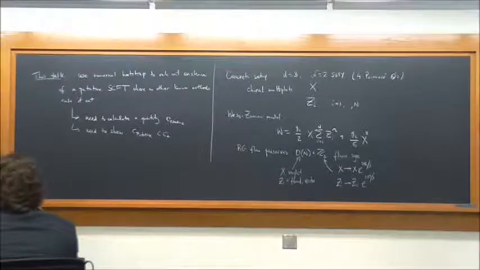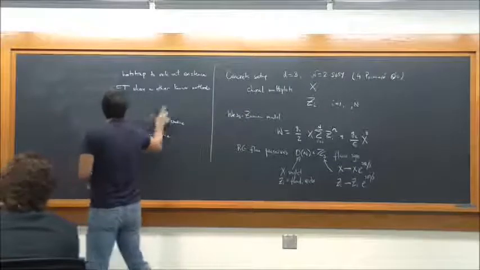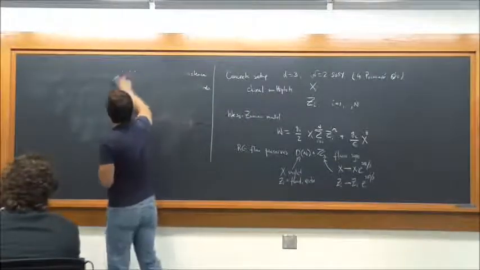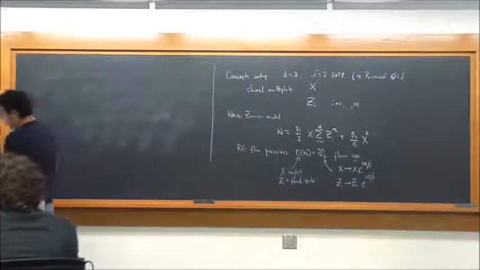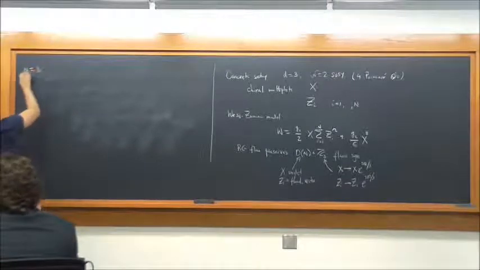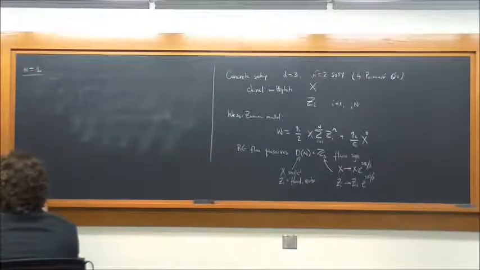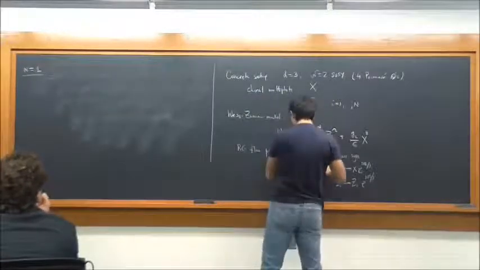And then you can try to see what the RG flow lines look like. I'll first do it for n equal 1, where we have only one of these Z chiral multiplets.